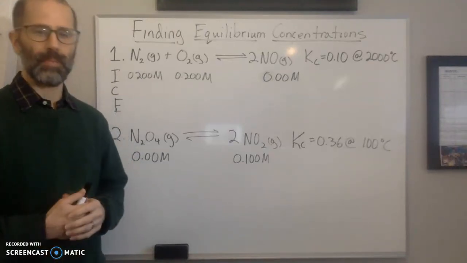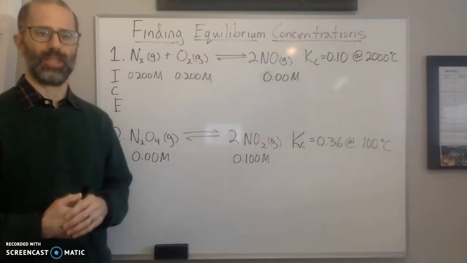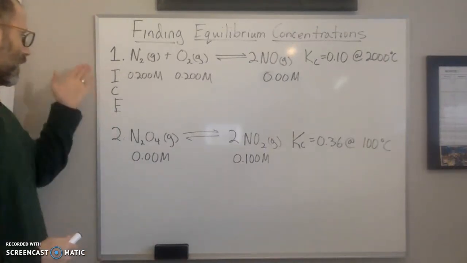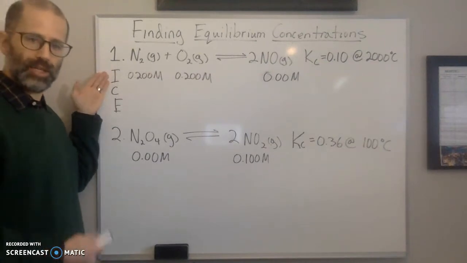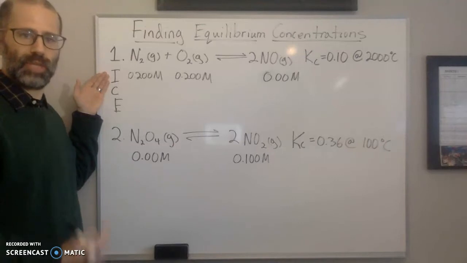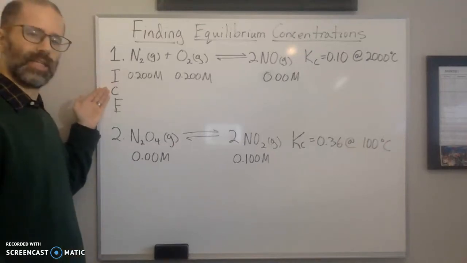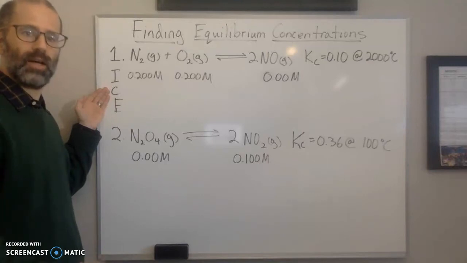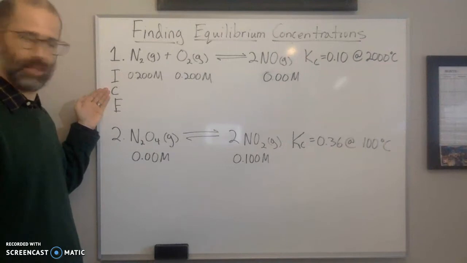In that type of problem, you're going to have to use what is called an ICE chart. I stands for initial concentrations, the concentrations you begin with. C is for change, the change undergone by the reactants and products.